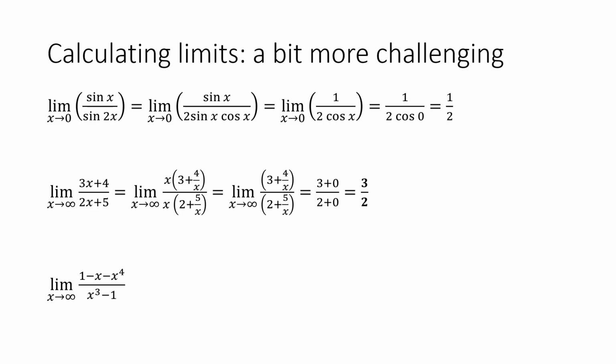But when you put in infinity for 4 divided by infinity or 5 divided by infinity, as you divide by bigger and bigger numbers, they get smaller and smaller. So you're actually saying this is basically the same as 3 plus essentially 0 over 2 plus what's basically 0, and you get 3 halves.